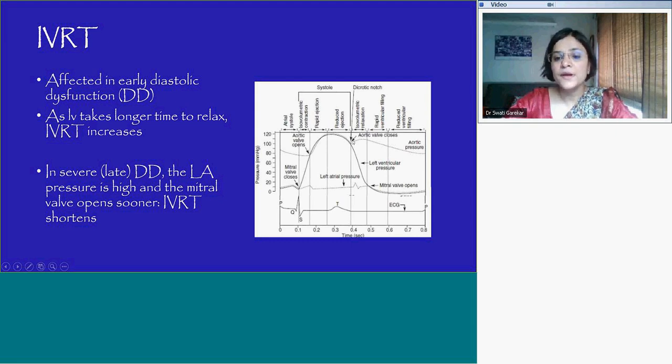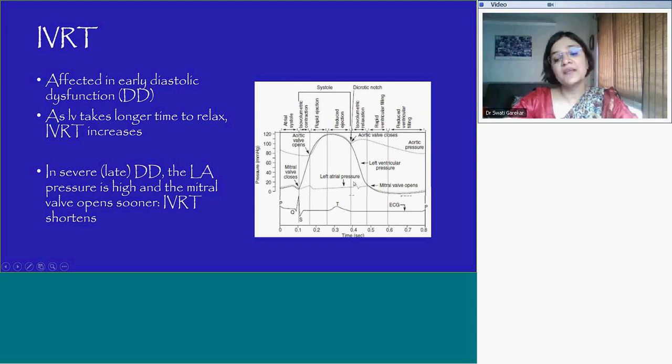This is the isovolumic relaxation time, beginning at the end of the T wave on ECG, coinciding with the aortic valve closing, until the mitral valve opens. If relaxation is impacted, the IVRT will be impacted. If it takes longer to relax, the IVRT increases.